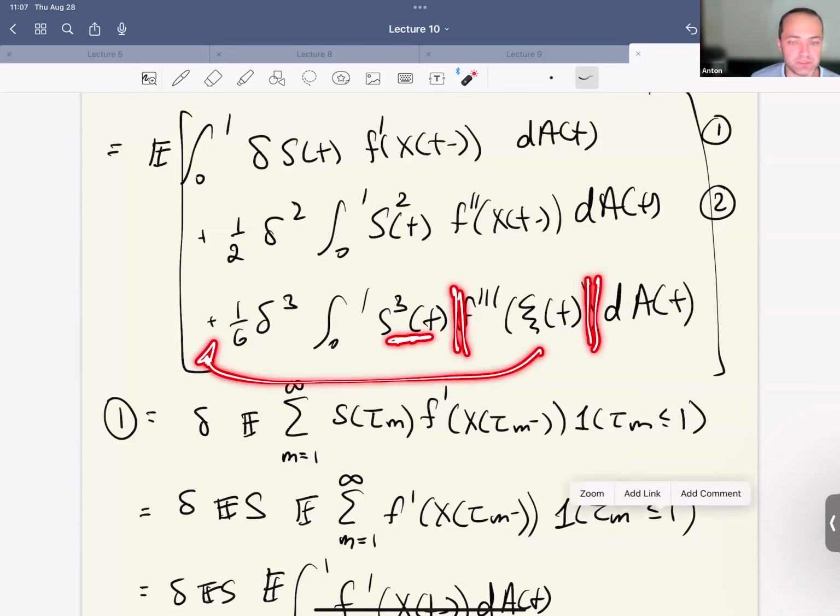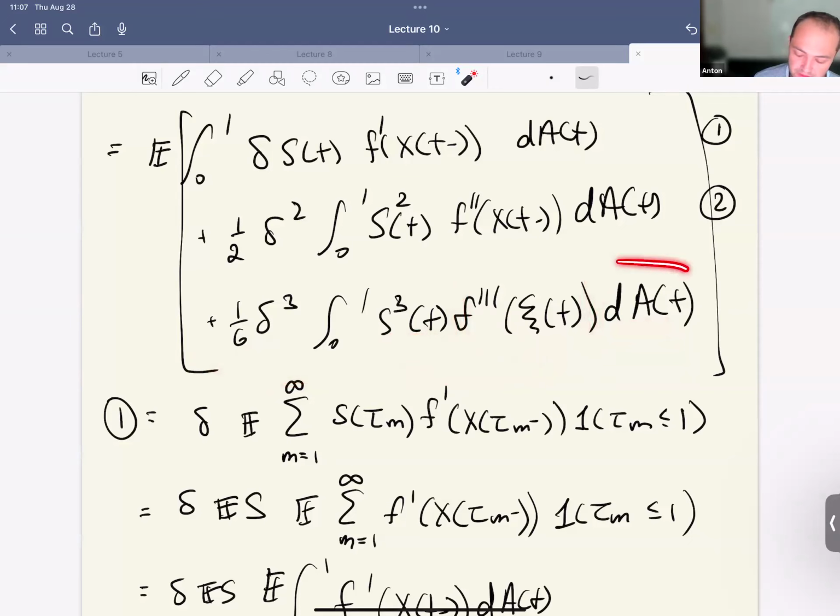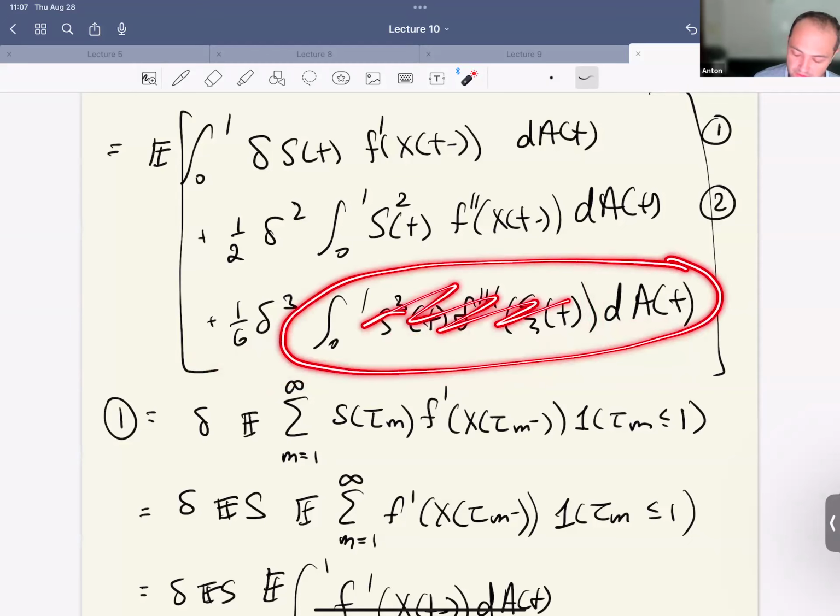But by the same logic we just applied, the work brought in at time t is independent of the fact that the arrival happened. So we can also pull out the s cubed. Okay? And all we're left with is, if we ignore these two quantities, this integral just represents the number of arrivals to happen from 0 to 1. And this is basic renewal theory at this point. Okay, you can bound the expected number of arrivals to happen from 0 to 1.